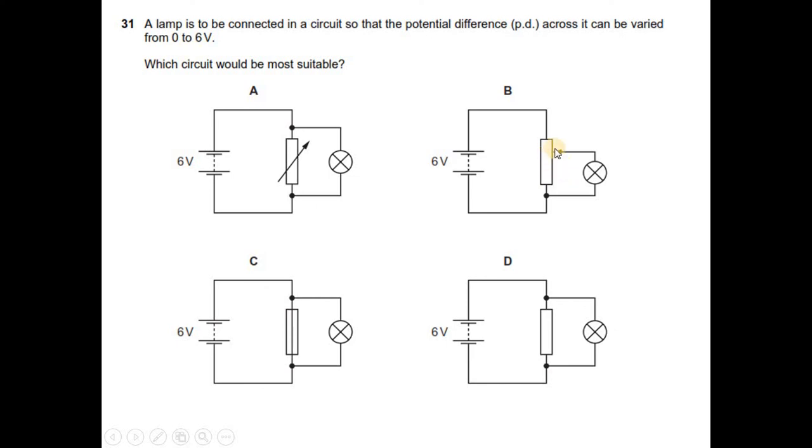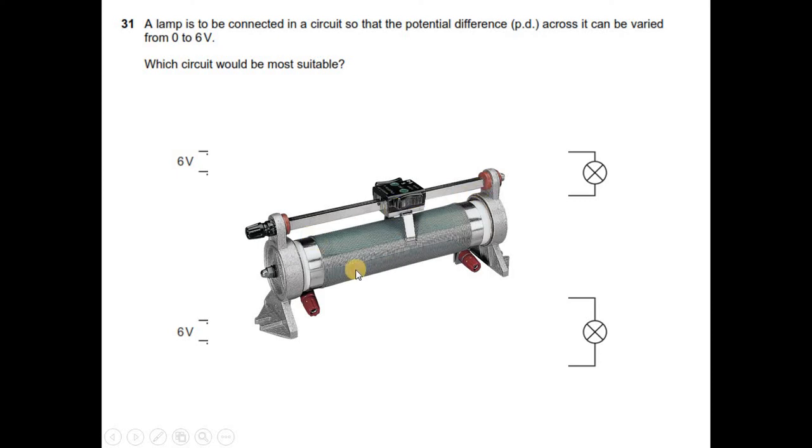The other one is basically a potential divider circuit, and this symbol is the symbol of a rheostat. If you recall your theory, a rheostat has three terminals: terminal 1, terminal 2, and terminal 3.